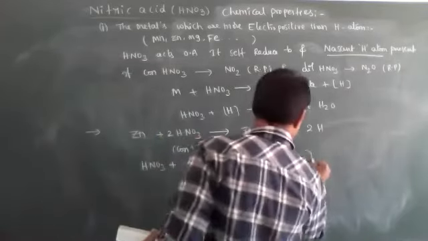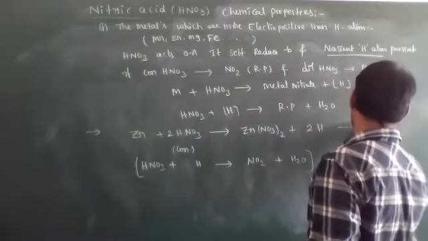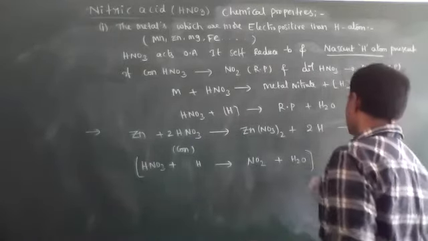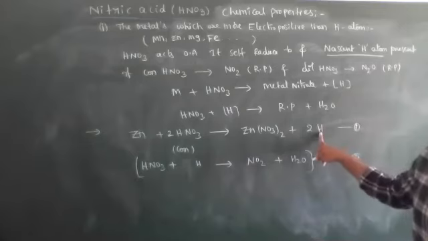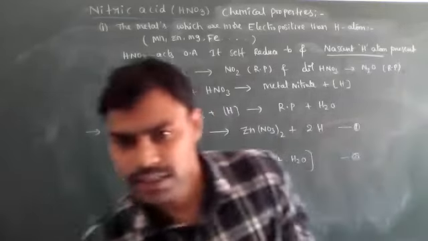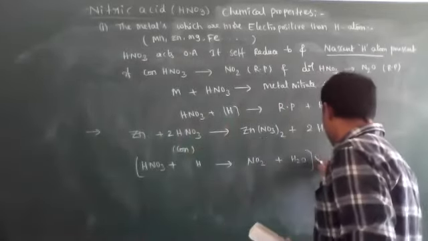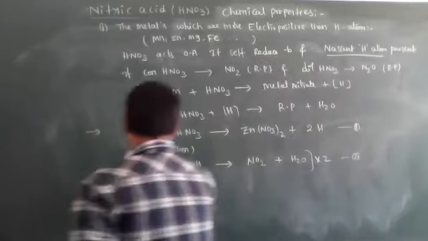This is equation 1 and this is equation 2. In the first equation, 2 nascent hydrogens are produced, but in the second only 1 is used. That's why I multiply the second equation by 2.